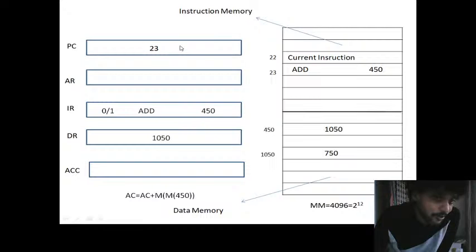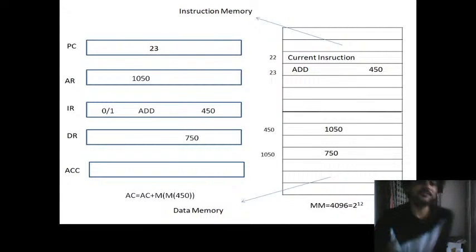But as this 1050 is an address, it will get transferred to the address register. The moment the address register is loaded with an address, immediately that will get located in the main memory, under which the content will get transferred to the data register. Finally, accumulator is equal to accumulator plus 750.